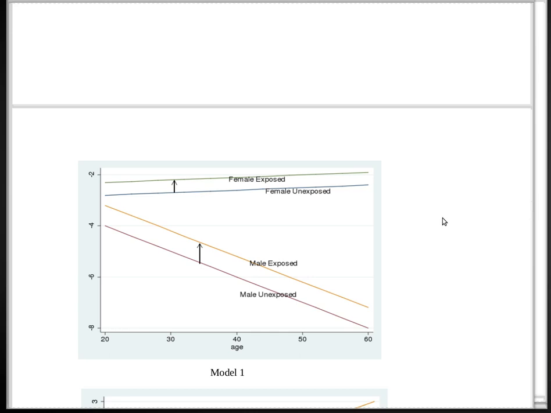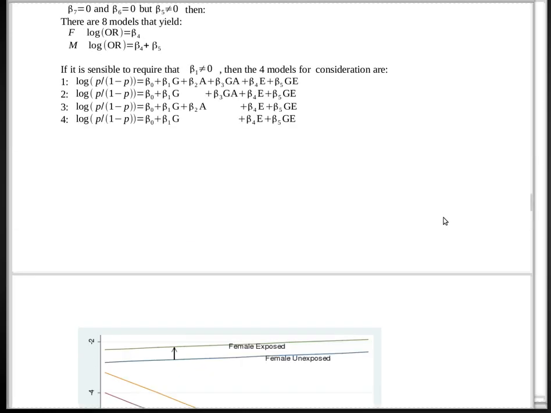Now, let's suppose we consider Model 3, this circumstance. So what are we going to be doing here? We're going to be obliging that the lines in age are parallel. If beta 3, considering Model 3 here, is 0, that says that the lines for the women are parallel and the lines for the men are parallel.